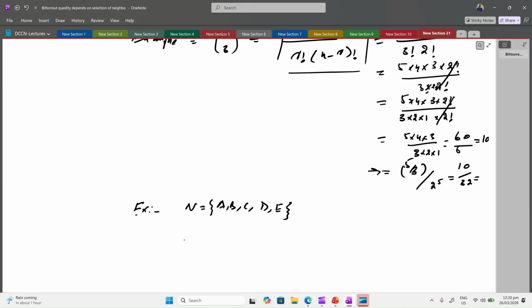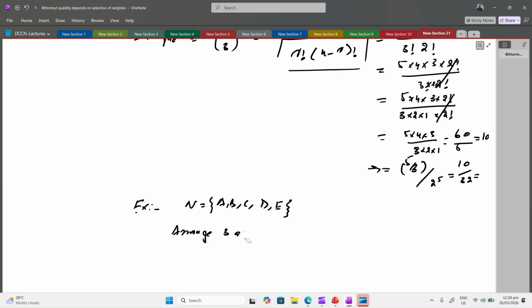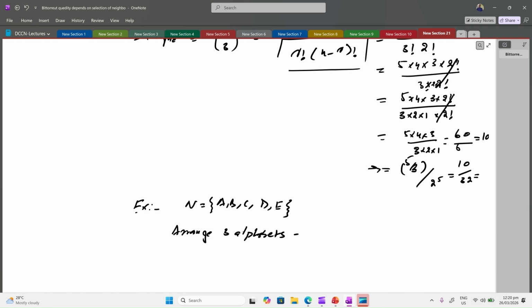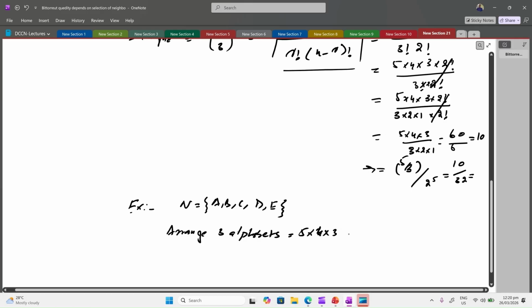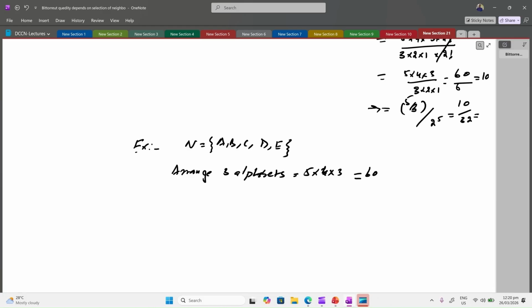So the number of ways I can arrange three alphabets is equal to 5 into 4 into 3, which is equal to 60, right?